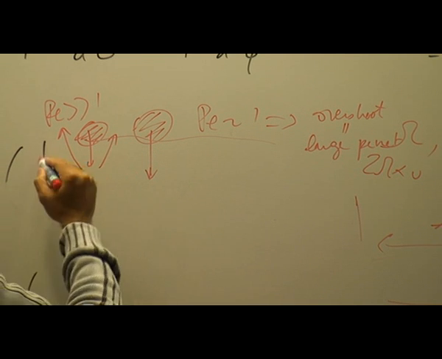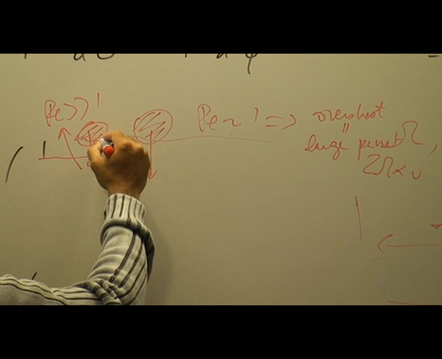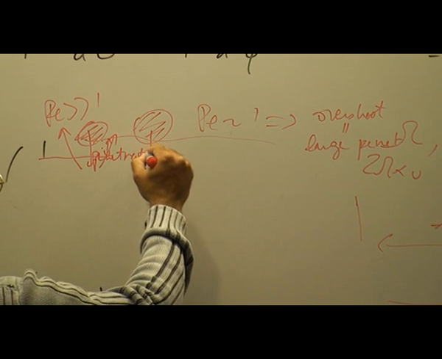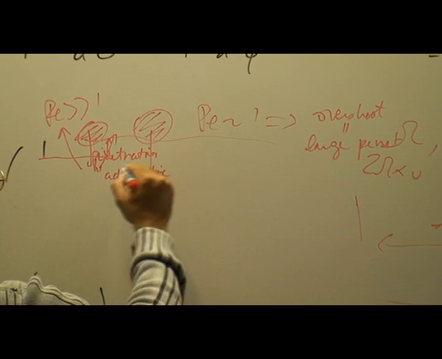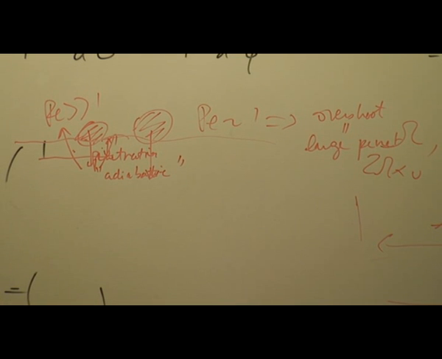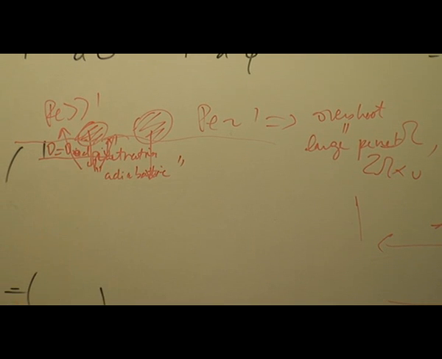And then the penetration is very small, so that is called penetration. And some people say adiabatic penetration because in this case the temperature gradient is locally completely changed by this penetration, and the temperature gradient becomes the adiabatic one.